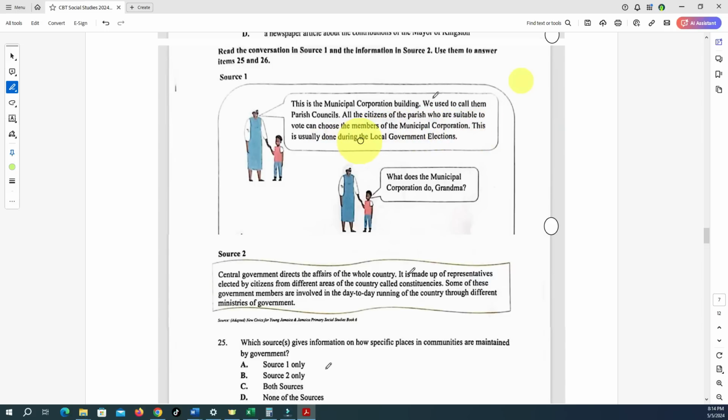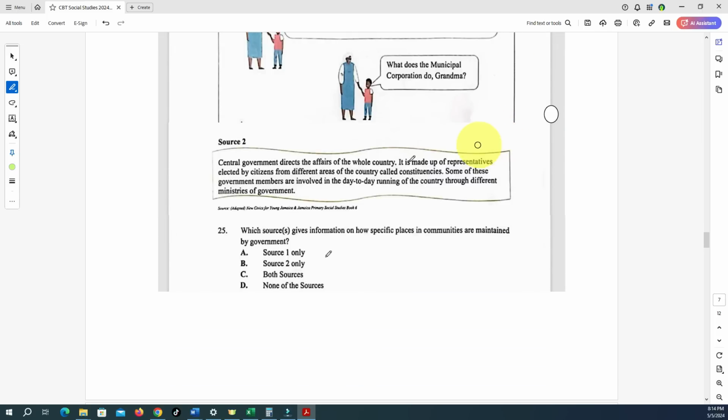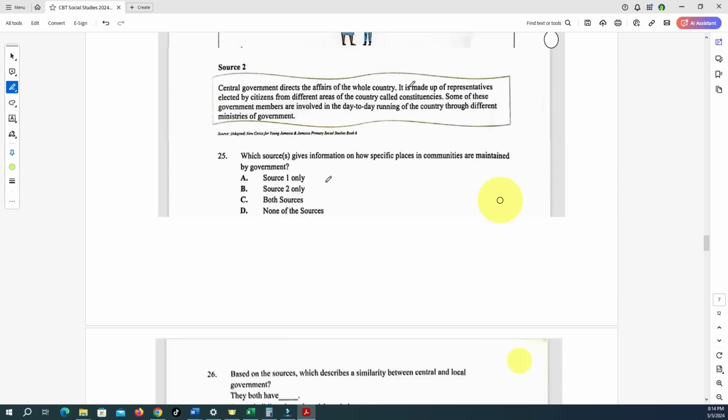This is usually done during the local government elections. Okay, source 2. Central government directs the affairs of the whole country. It is made up of representatives elected by citizens from different areas of the country called constituencies. Some of these government members are involved in the day-to-day running of the country through different ministries of government.